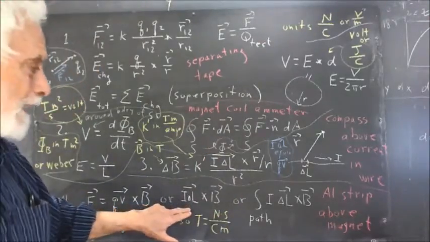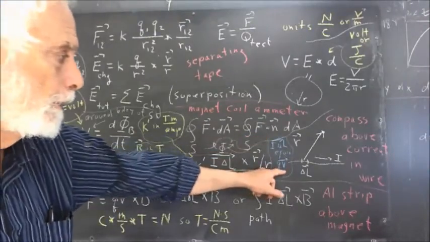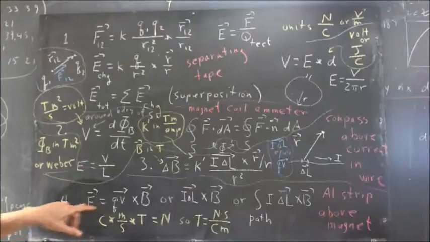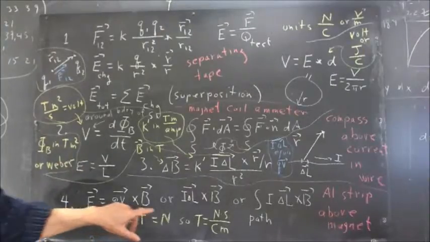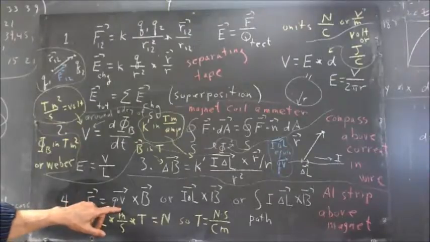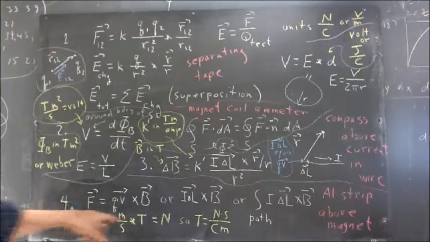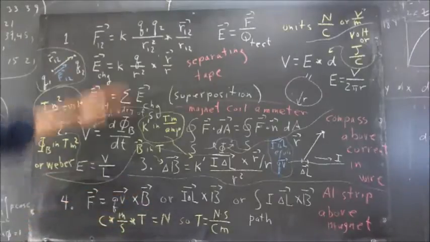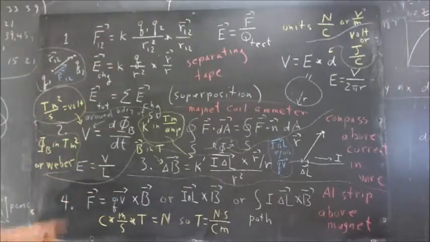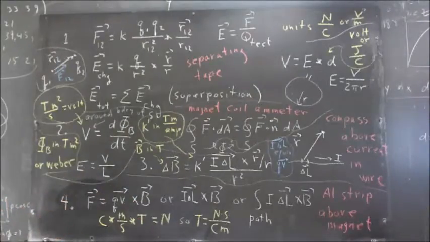Equivalent to an I delta L, we could have a QV. So the force could be QV cross B. This is the force experienced by a charge Q moving at velocity V in magnetic field B. Incidentally, this is probably the simplest of all these relationships, because everything is right there. There's nothing more to do.